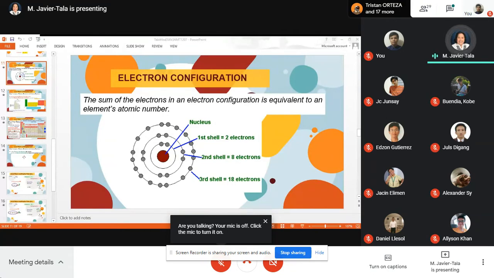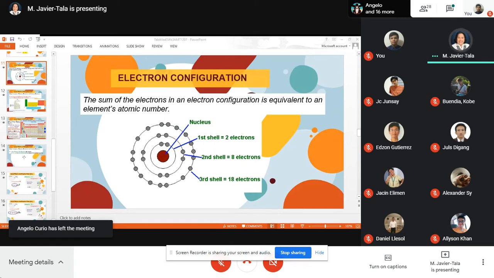If you recall when you were in high school, it was KLM. Based on the energy level, it's also referred to as shell. For each shell or energy level, it contains your electrons.